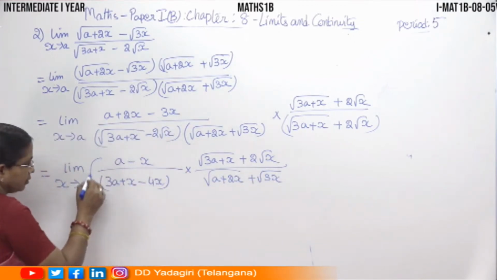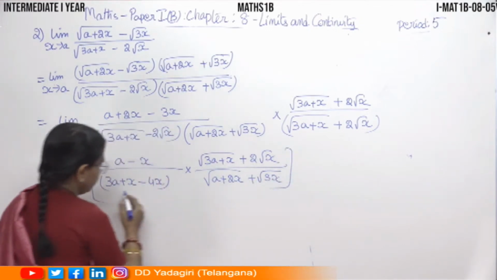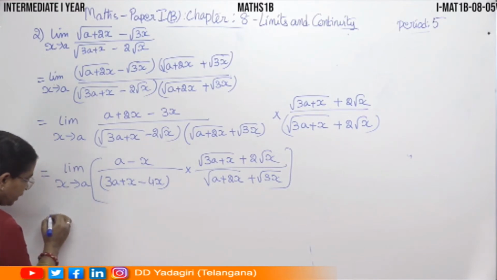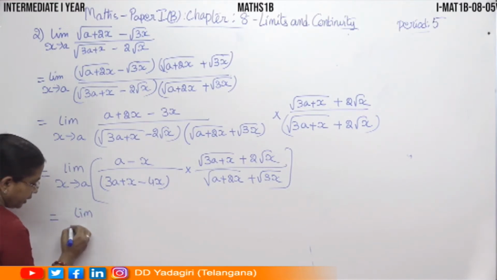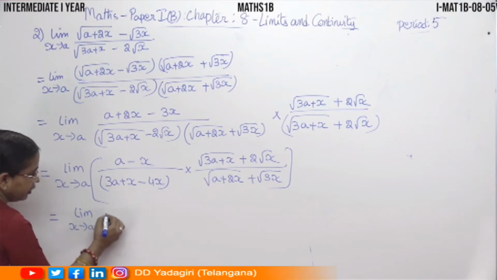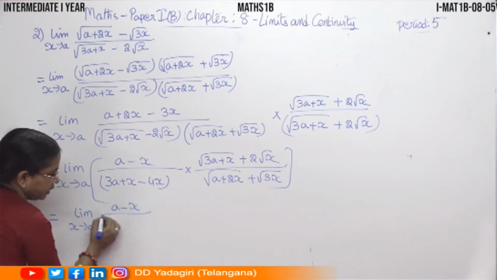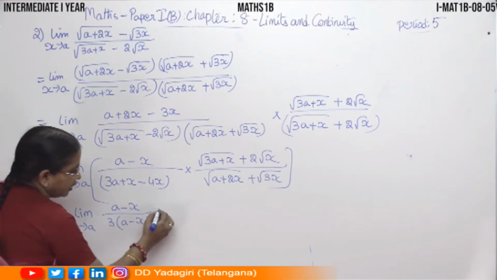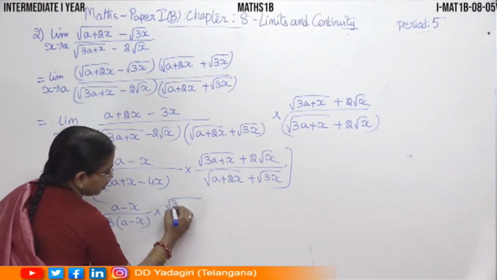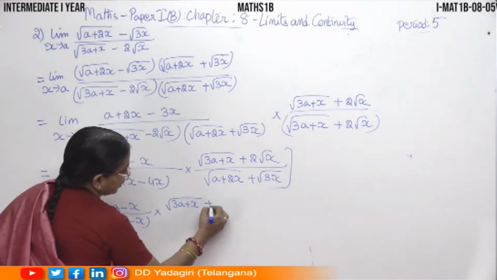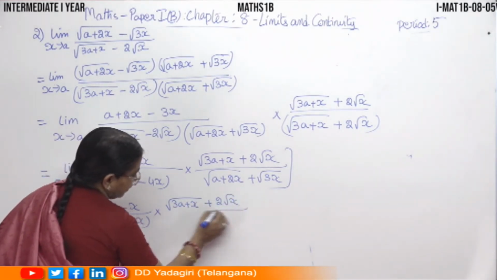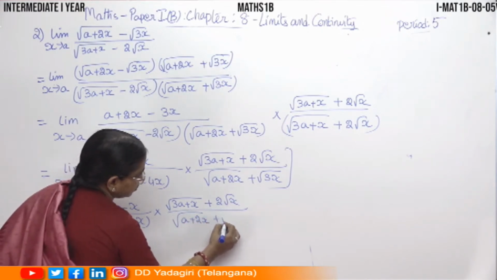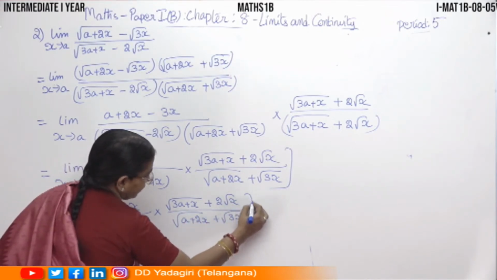Now when you simplify this, this is 3a minus 3x. So take 3 common. So limit x tending to a of a minus x by 3 into a minus x, into again this root of 3a plus x plus 2 root x by root of a plus 2x plus root of 3x.